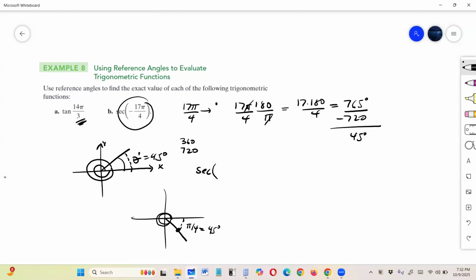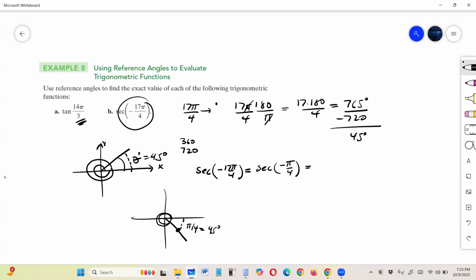So I am right here. So secant of minus 17 pi over 4 is equal to, in terms of the reference angle, secant of negative pi over 4.